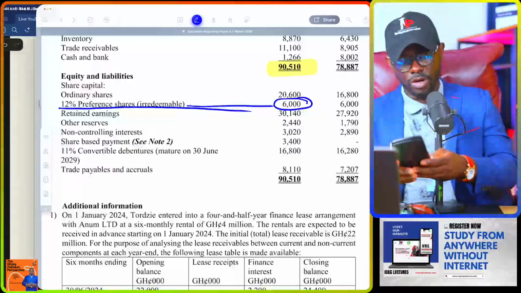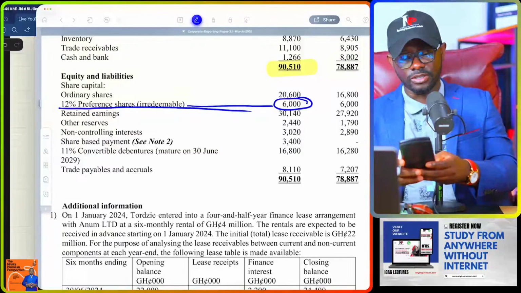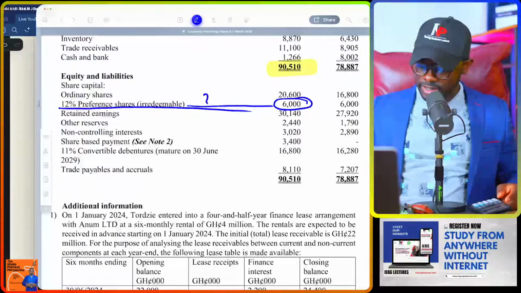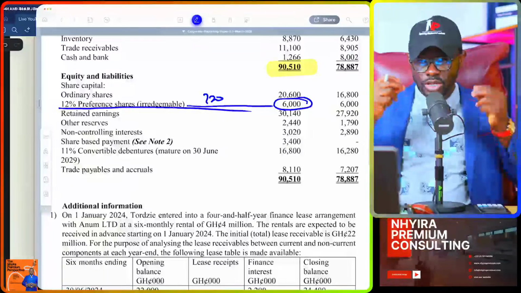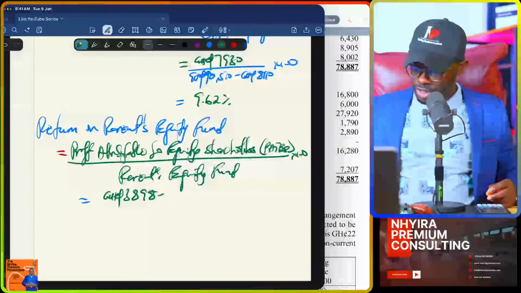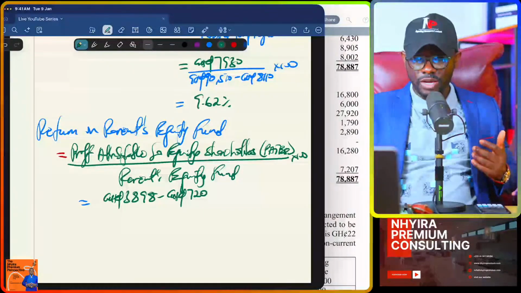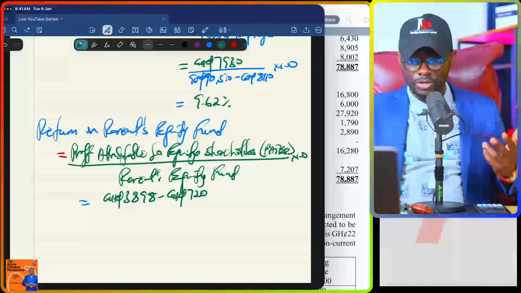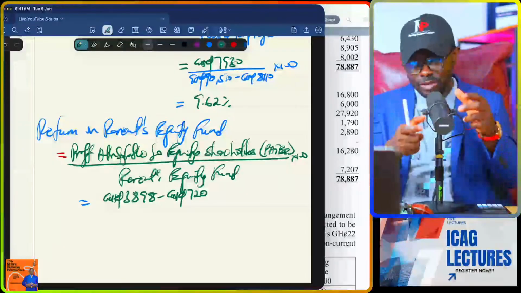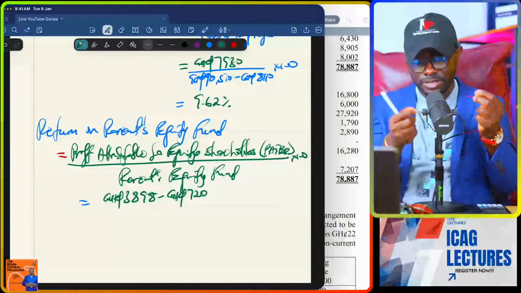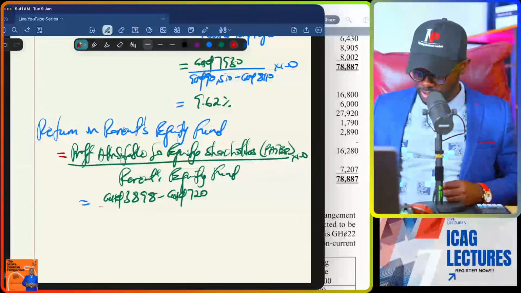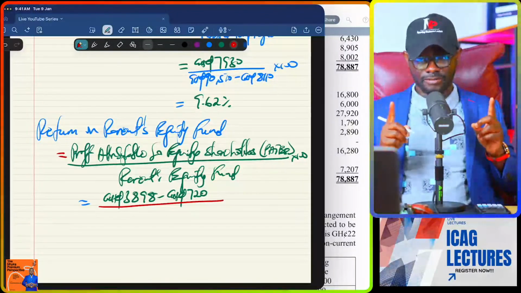So 0.12 on the 6,000, and that is 720. So the dividend will be deducted here. That is what will give us the profit attributable to the owners of the business, the parents of the business. Very important.